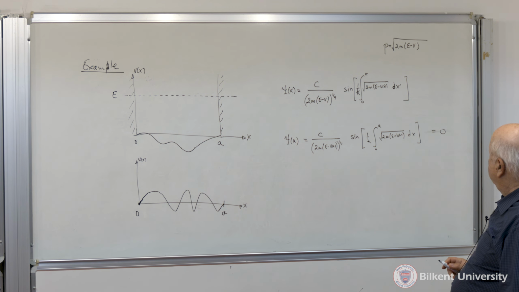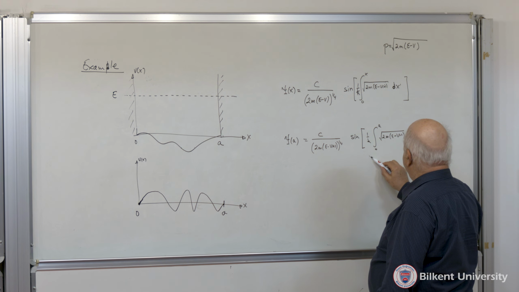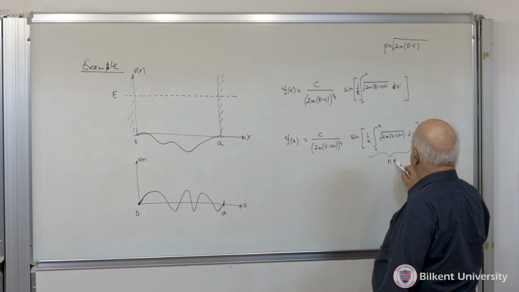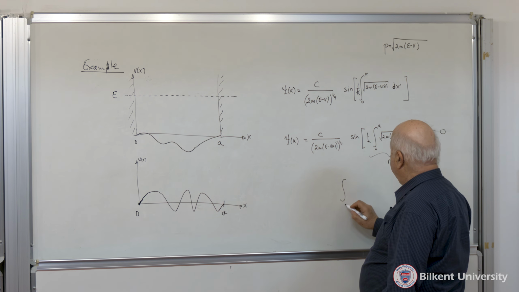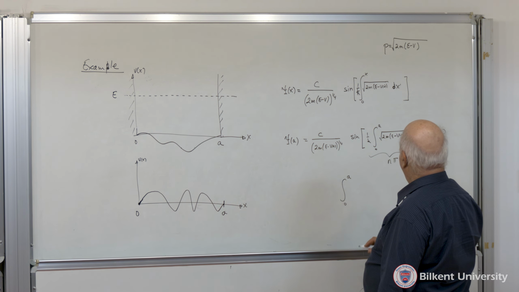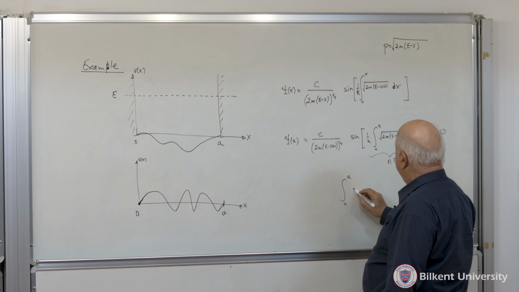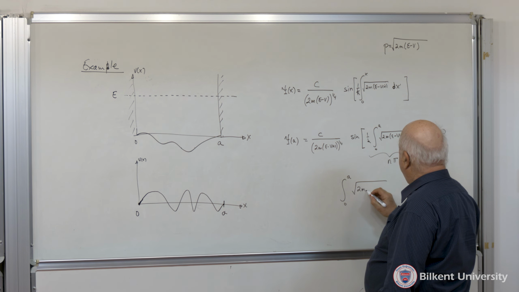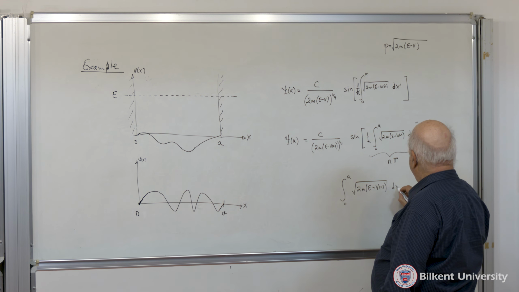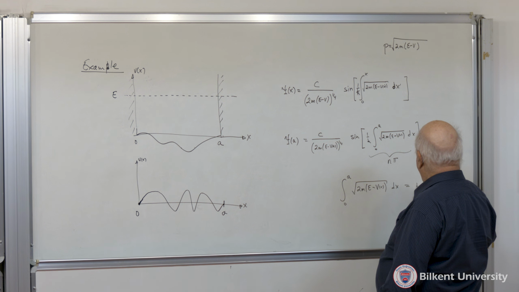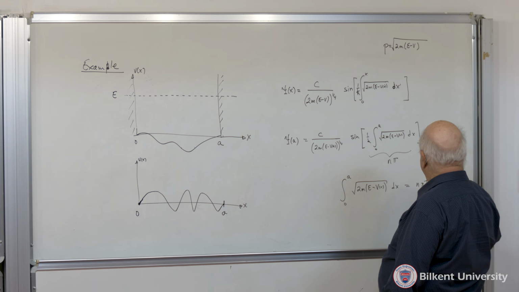That integral must be an integer multiple of pi. So in order to get this, this must be equal to n times pi. Or I must have the integral from 0 to a of the square root of 2m (e minus v of x) dx equal to n pi times h bar.